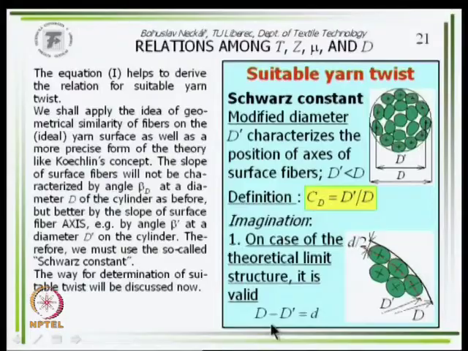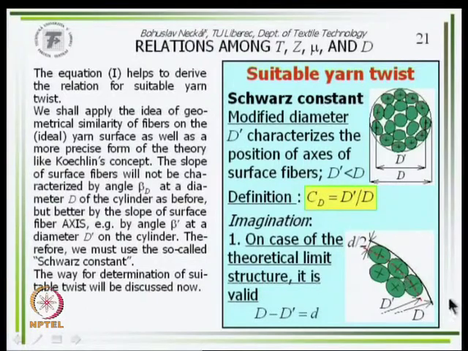Let's imagine, as the first step of our idea, a yarn with limit packing density. Then the fibers are mutually all in contact. The part of the structure seems like this here. Diameter d is this, diameter d dash is this here. D minus d dash in this case is equal to 1/2 of fiber diameter.